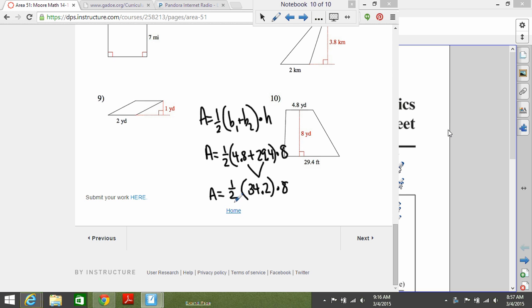And I did 1/2 times 34.2, which gave me 17.1. I changed that 1/2 to 0.5. And then 17.1 times 8 gives you what? What'd y'all get?